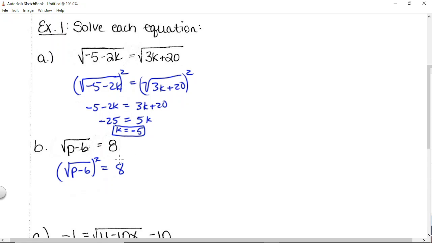We'll get a new equation that then we can solve. So on the left, when we square that, the squaring cancels out the square root. We're left with just the p minus 6. P minus 6 equals 64. So add 6 to both sides. P equals 70.